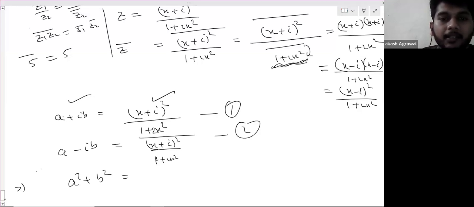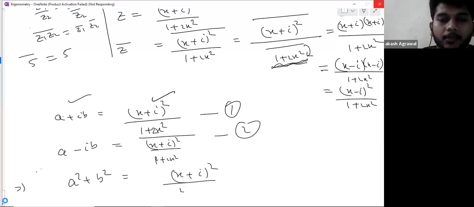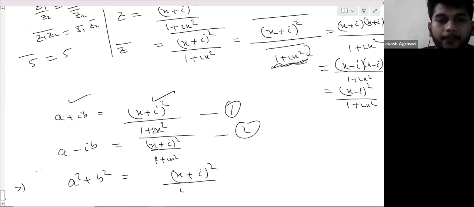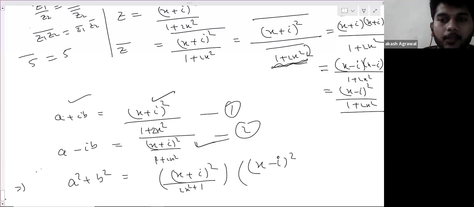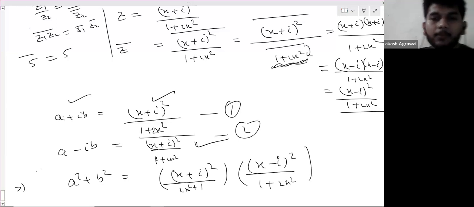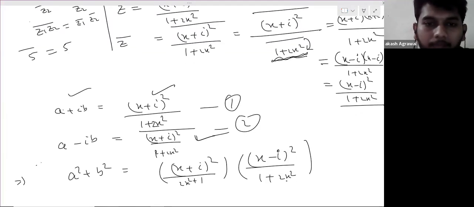On the right, I will get (x plus i) whole square upon 2x square plus 1, into the conjugate value we just found out, (x minus i) whole square divided by 1 plus 2x square. Yes or no, everyone?